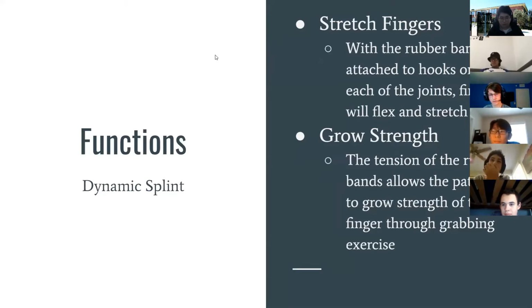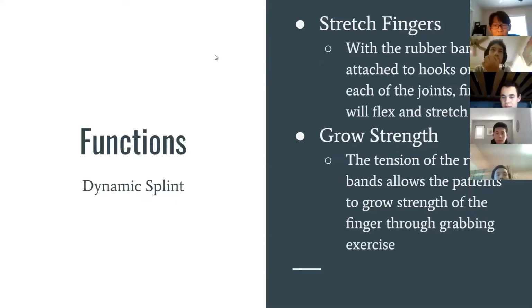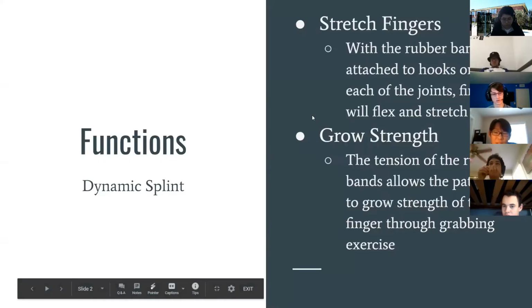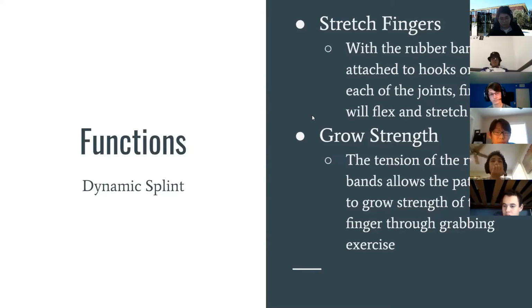First, I'm trying to focus on stretching the fingers, because stretching the fingers will relieve their muscles, which allows them to move easier in the future. If we constantly do that, that will eventually provide enough strength and muscles to move in the future.